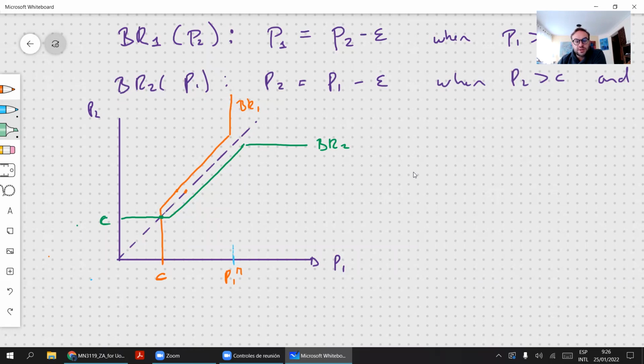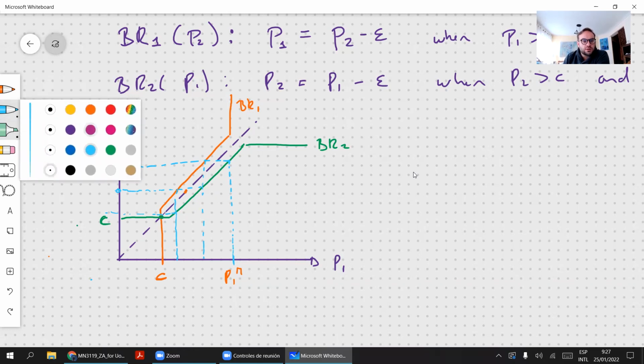I want to know what is the best response of firm 2. The best response of firm 2 is this quantity, but if this is the best response of firm 2, then the best response of firm 1 is here. Then if this is what P1 does, the best response of P2 is here. Then if P2 does this, the best response of P1 is this. And if 1 does this, the best response of 2 is doing this, etc., etc.